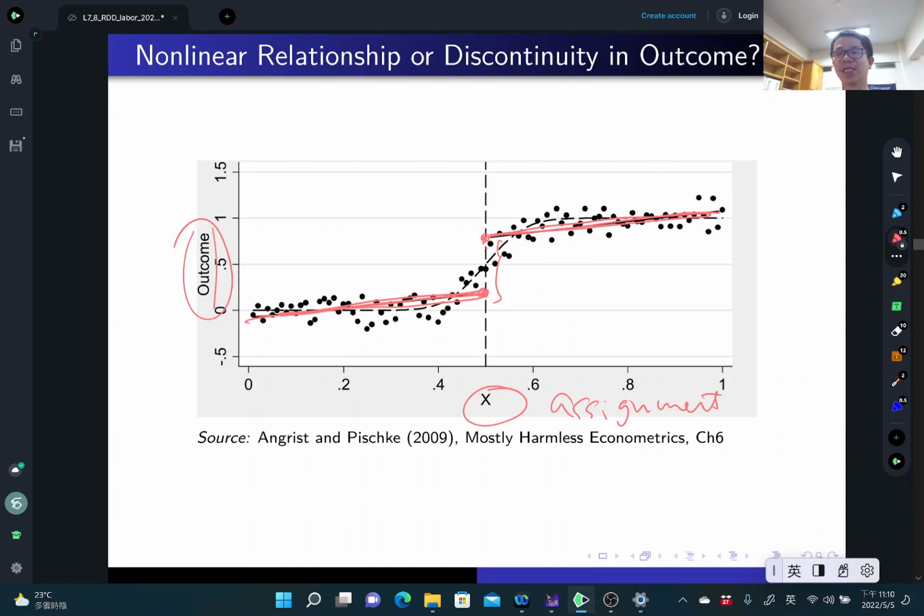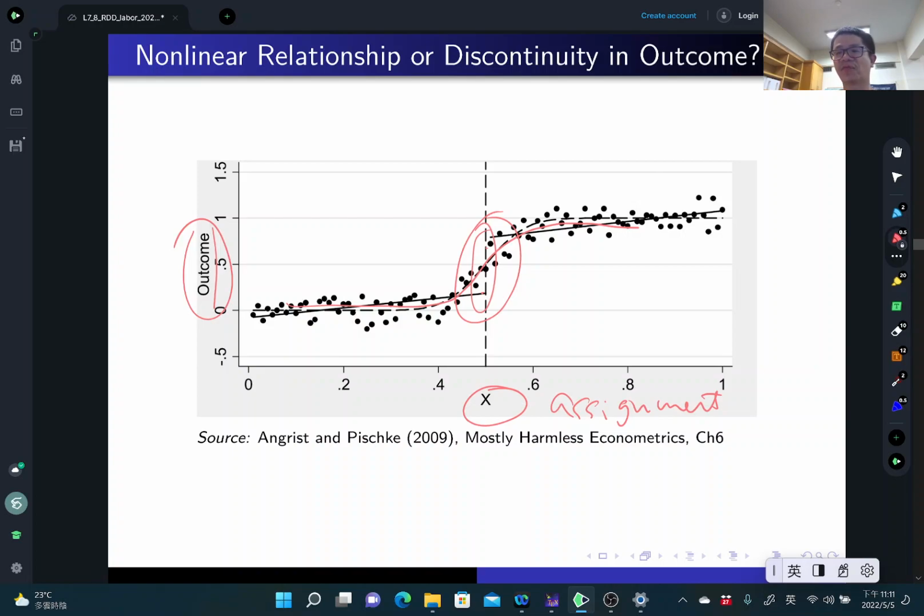But actually this is not the truth, because the relationship between the assignment variable and outcome variable has some nonlinear term. If you do not use the right functional form to capture this nonlinear relationship, you will misspecify the model and get the wrong estimate for the discontinuity at the cutoff.